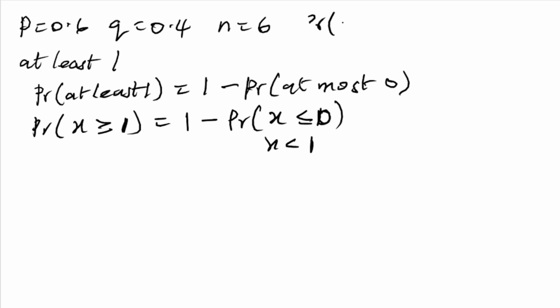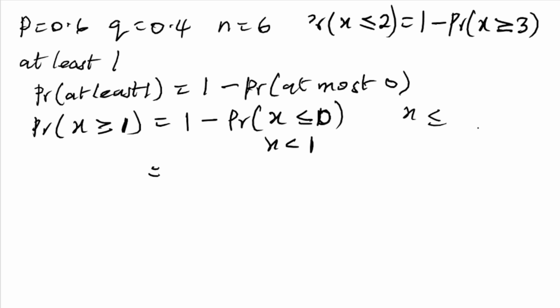I hope you understand. We can say probability of x less than or equal to 2, which is at most 2, can be 1 minus probability of x greater than or equal to 3, which is at least 3. So these things, you can use them to save time instead of stressing yourself to solve complex things.